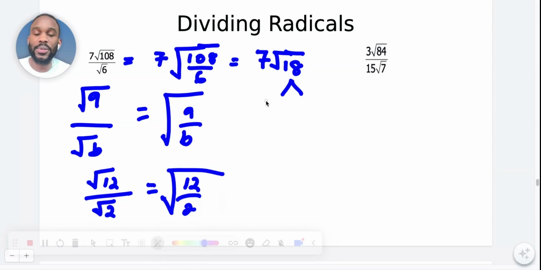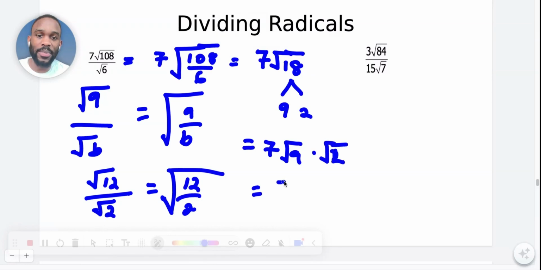Think about two numbers that you can multiply to get 18, one being a perfect square. Those numbers are 9 and 2. So this is the same as writing 7 times the root of 9 times the root of 2, which is 7 times 3 root of 2. But 7 times 3 gives you 21. So 21 root of 2. That is what it simplifies to.